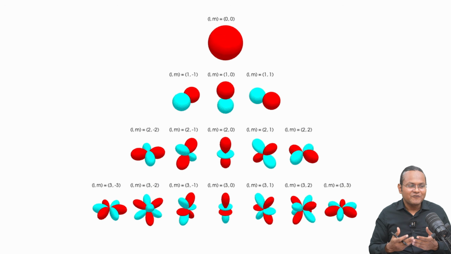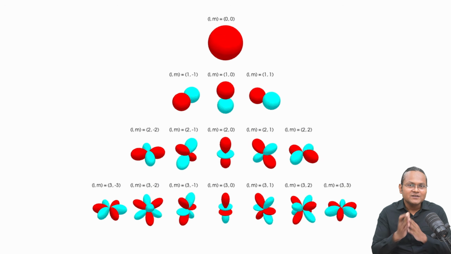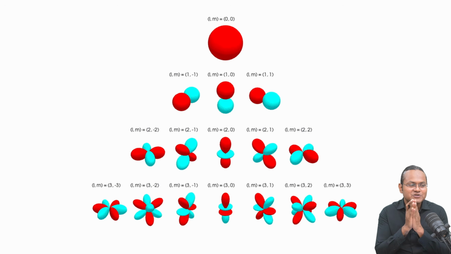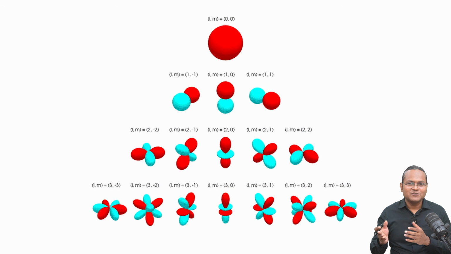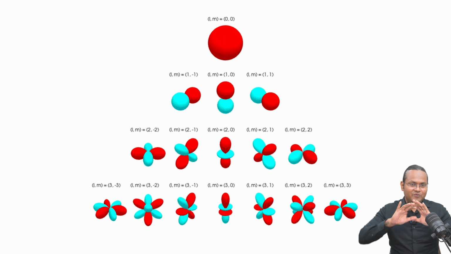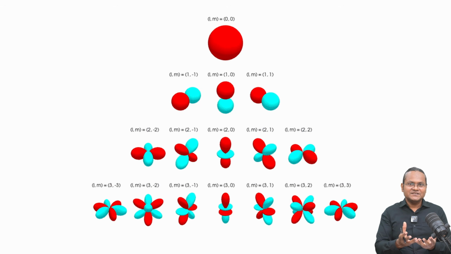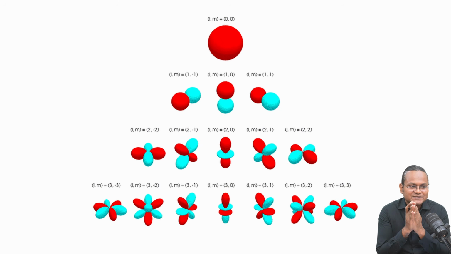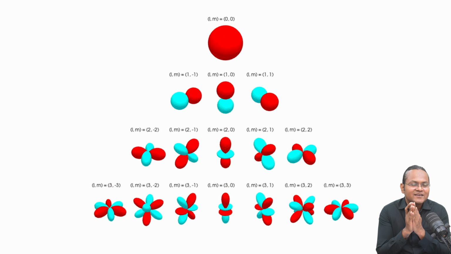Now, of course, these are not the exact orbital structures, because to get that, we will have to combine the radial solution. But the radial solution simply represents oscillations along the radial direction. But as far as the orientation is concerned, along the theta and phi direction, that shape arises from the spherical harmonics.